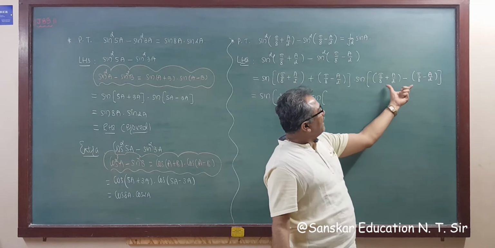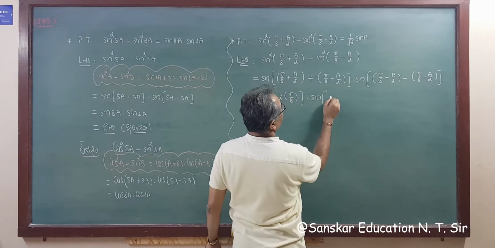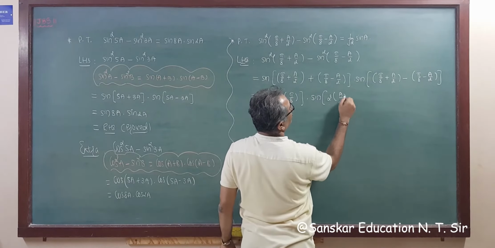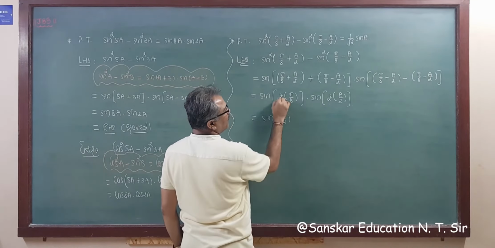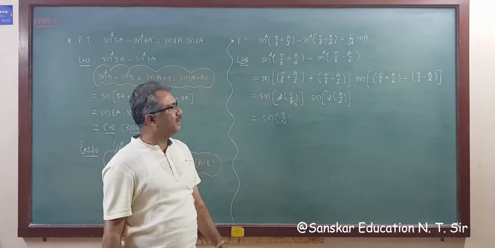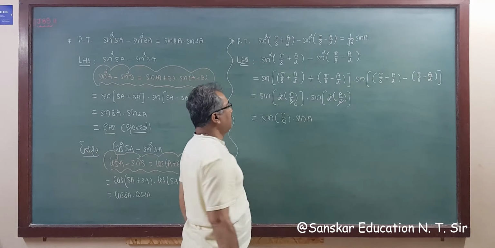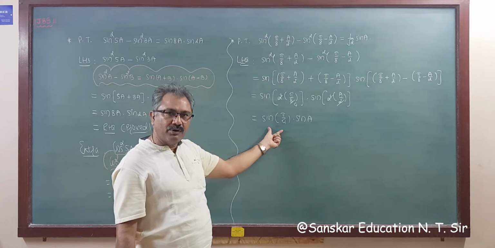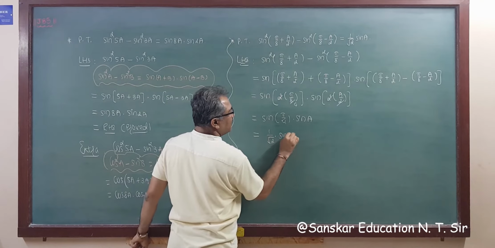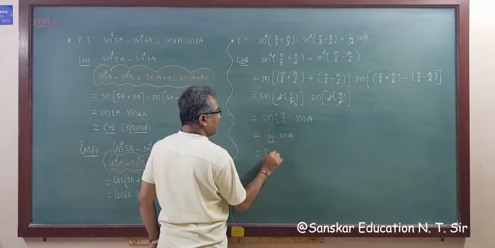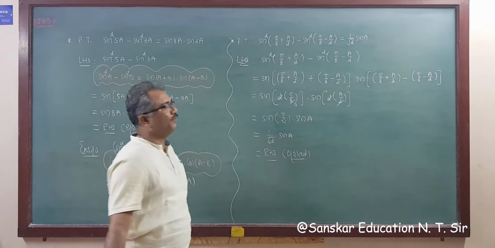Here pi by 8 will cancel, and 2 times A by 2, minus minus is plus. So this is sin(pi by 4) into sin A, because the 2 will cut. Now sin pi by 4, that is 45 degrees, is 1 upon root 2. So this is 1 upon root 2 into sin A, that is your right hand side, and hence this is proved.